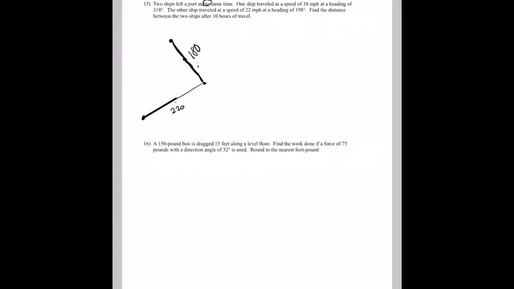So this ship has gone 180 miles in this direction. And then 22 miles per hour times 10 hours would be 220 in this direction, so it's a little bit longer. And it wants the distance between those two ships.